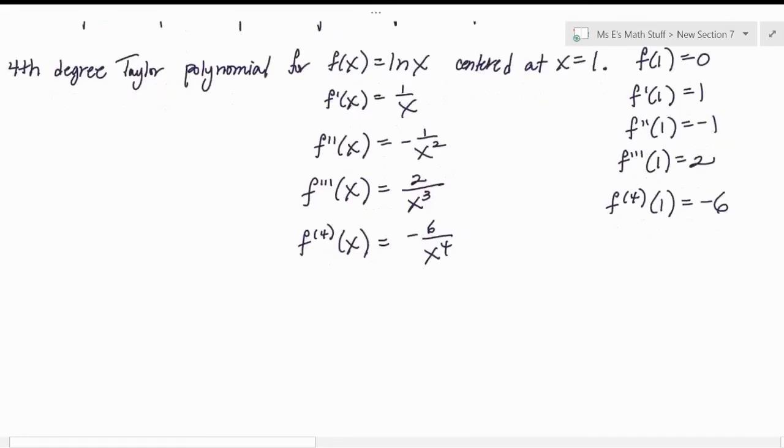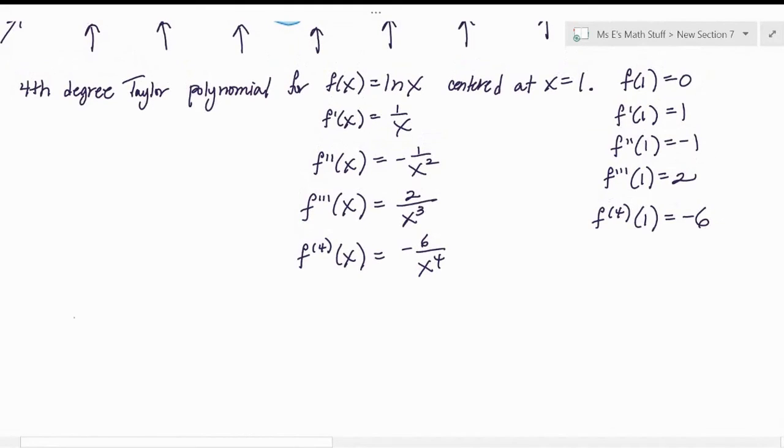Okay. So once we've got that, now we can say natural log of x is approximately equal to, please don't say exactly equal to, f of 1. Actually, I think I'm going to write it out first. F of 1 plus f prime of 1 times x minus 1, because things are shifted to the right 1 unit, right?